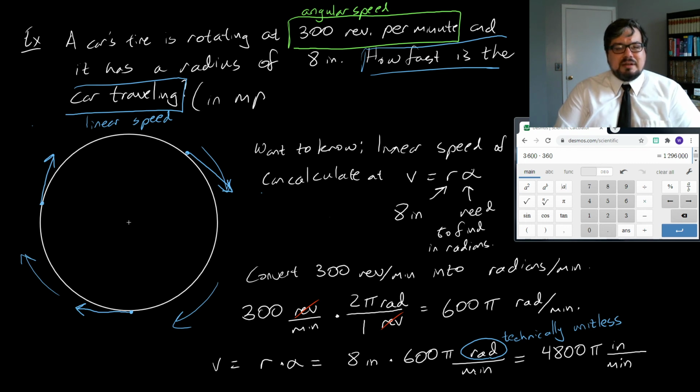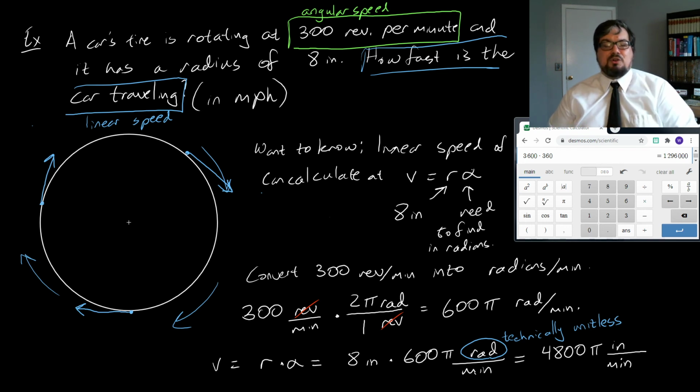I want to get our answer in miles per hour because that's a more natural way of thinking about how fast a car is traveling. That's easy to comprehend. And generally, you want to give your answers and solutions in ways that are easy to comprehend. So let's take a moment and take this answer, which is correct but not as useful, and turn it into a useful answer.